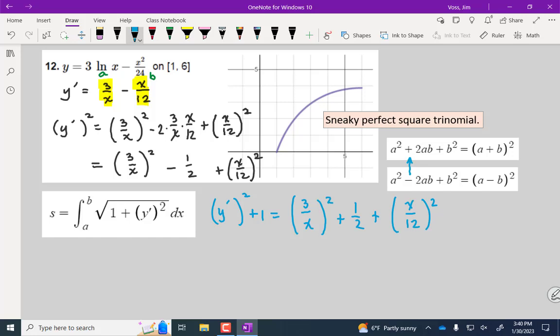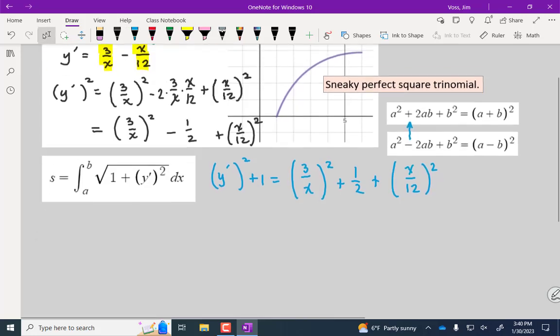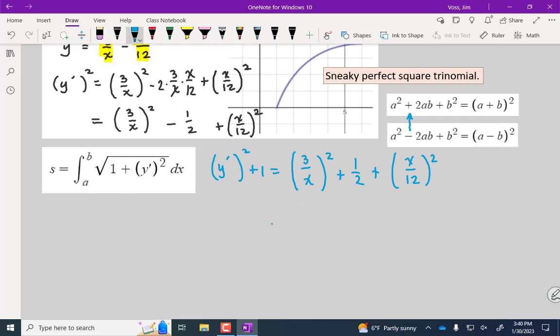If you're only going to change that sign, any other number you put there, if you add 1, you are not just going to get -1 times it. And so we ended up with -1 times the middle term. That is a perfect square trinomial, so we know that this just becomes 3 over x plus x over 12 quantity squared. It's a perfect square trinomial.